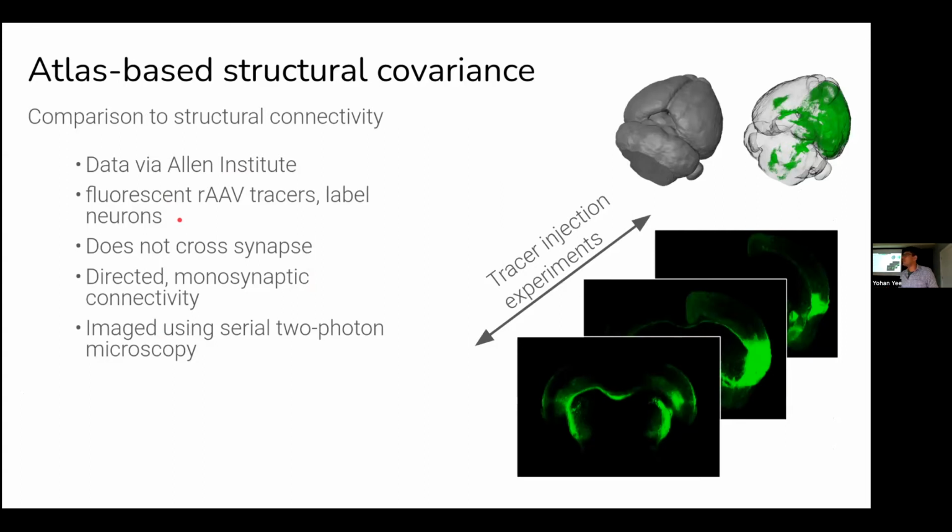The tracers travel anterograde, but they don't cross synapses. So they're really a measure of anterograde connectivity from the cell body, and they label individual neurons. The injected mice were imaged using serial 2-photon microscopy, which we then aligned back onto our MR images.